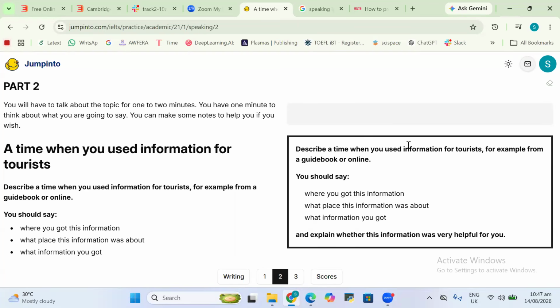For example, if they ask where you got this information, and you say, I will get information from a website when I plan something with my friends or family members, this is irrelevant. They are talking about when you got it in the past and what you did after that. So that is important. Do you understand this?